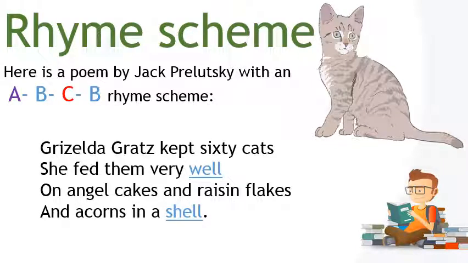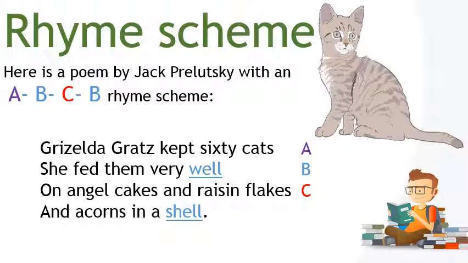Okay, so that means we have to see which words sound the same at the end. So we know cats and well, no, it doesn't sound the same. So that is why the first one we write A, the second one we write B because it's not the same as the A. Cats and flakes, no, it doesn't really make sense. And well and flakes, also not. So that is why we give it a C.